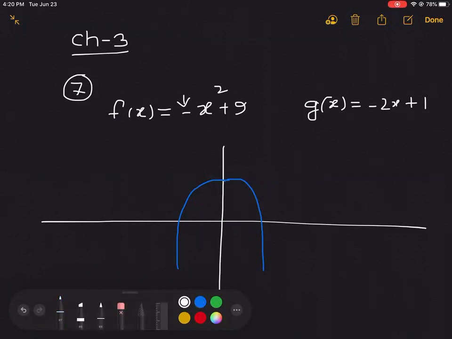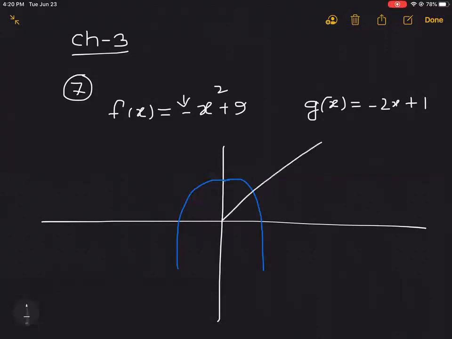Okay, so we know the graph of y equals x looks like this. Now, how will the graph look if we multiply it by a 2 first? Let us do it one by one. If we want to multiply it by a 2, what will happen?